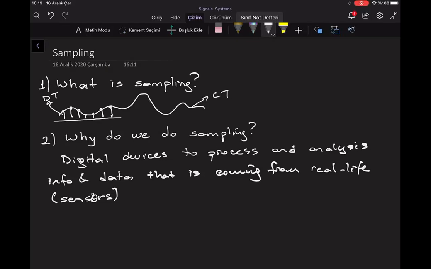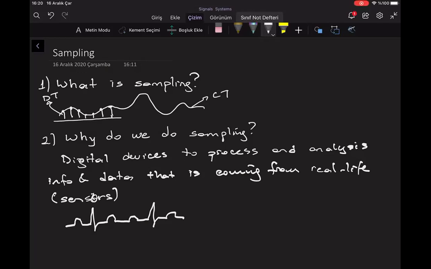For example, ECG. Normally, ECG is something like that. It shows us the heartbeat, how the heart behaves, those kind of things. The electrical potentials, electrical currents that exist on the heart are all continuous time data.